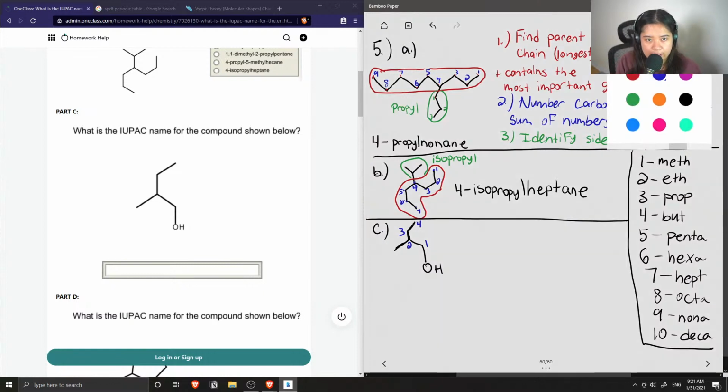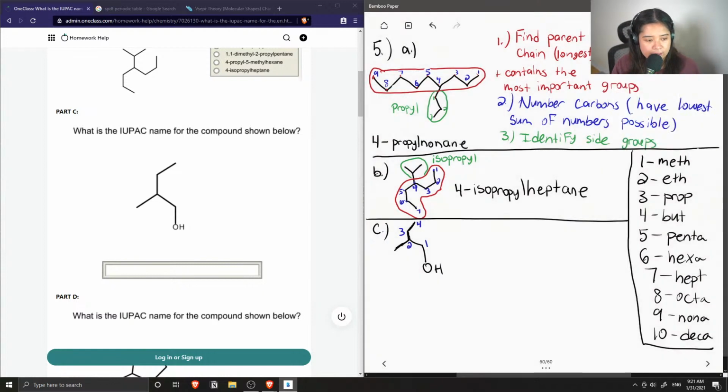So sometimes it takes some trial and error to realize what your parent chain might be, but it's actually this 4 carbon long chain, and our side group is this 1 methyl group.